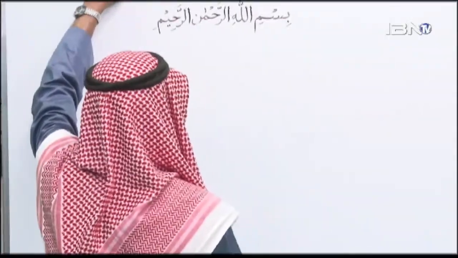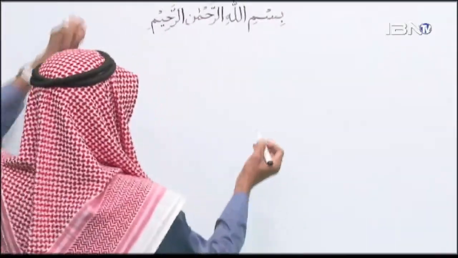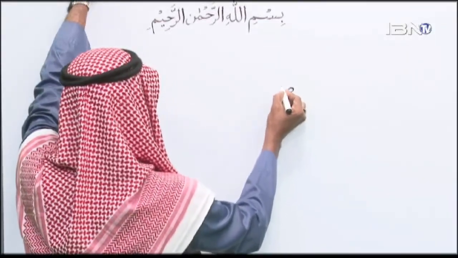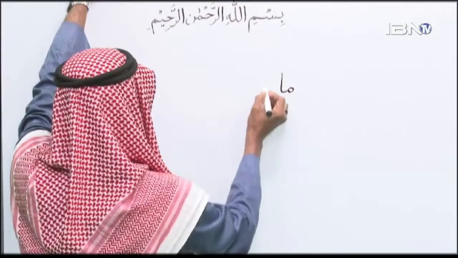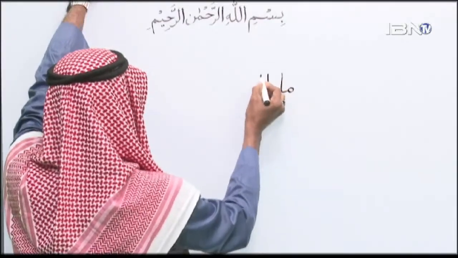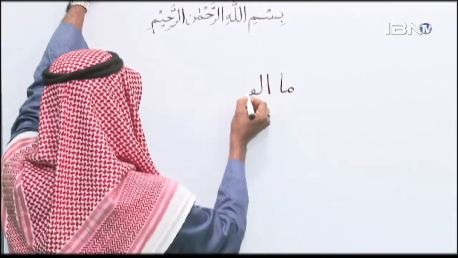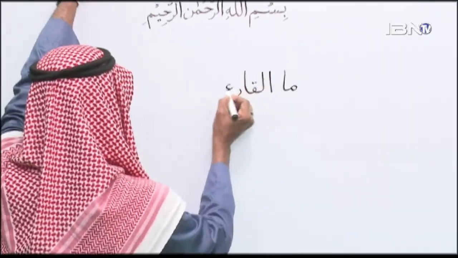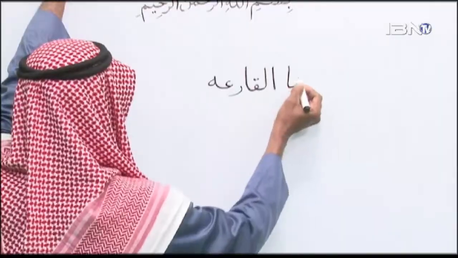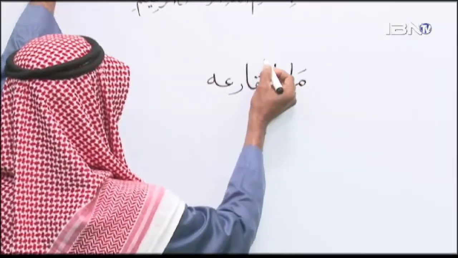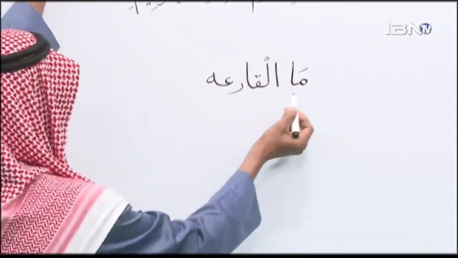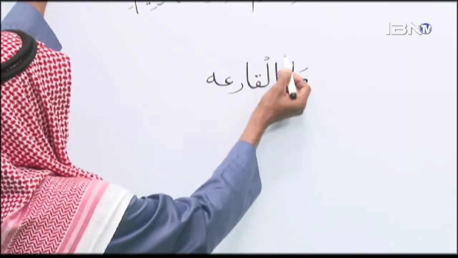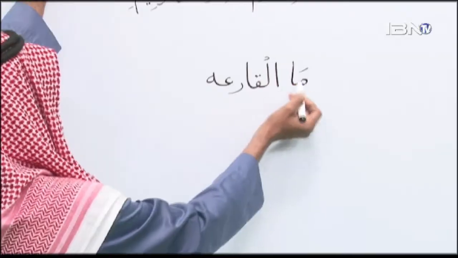Another rule of reading we have already learned previously, that's ma. But supposing you have a word beginning with alif lam. How am I going to join here? Am I going to say ma and then mal?